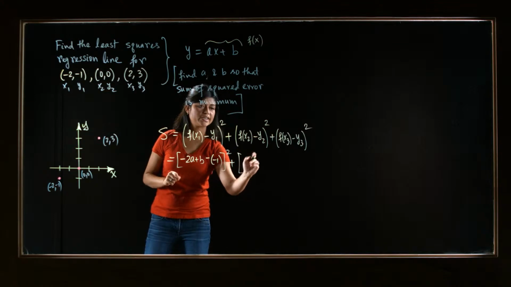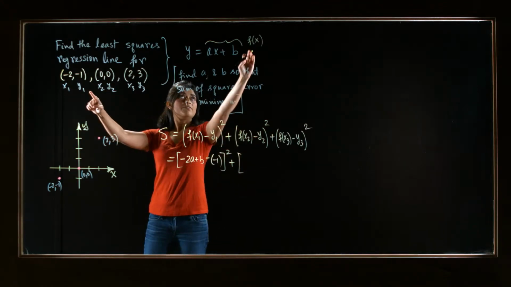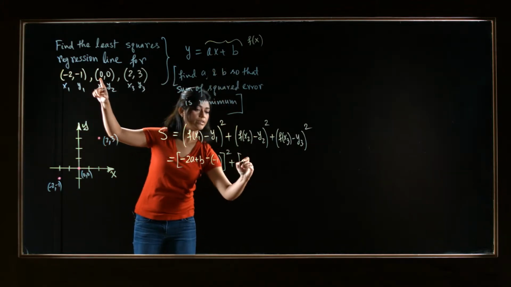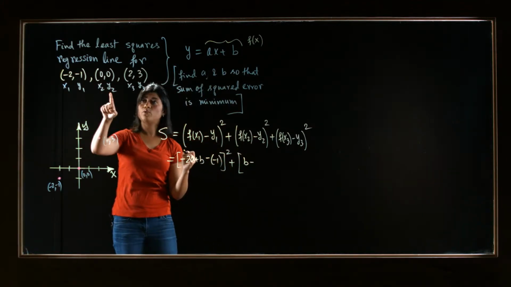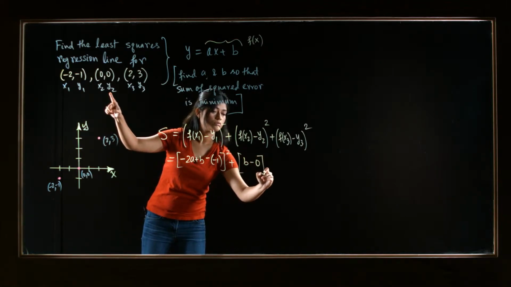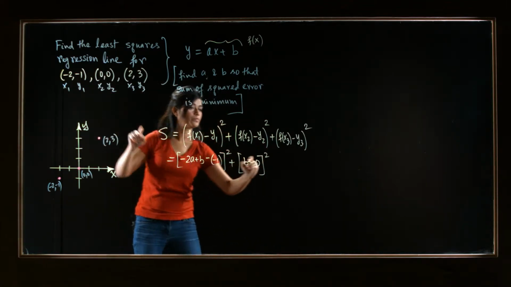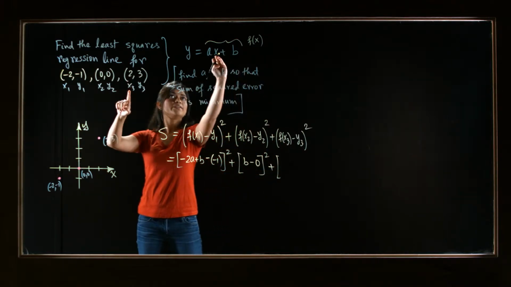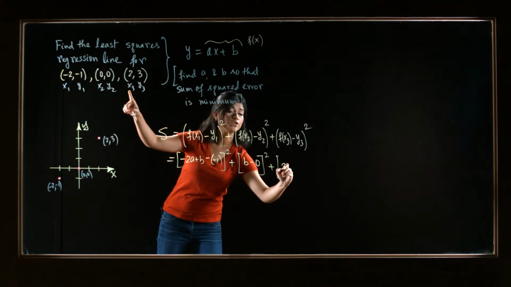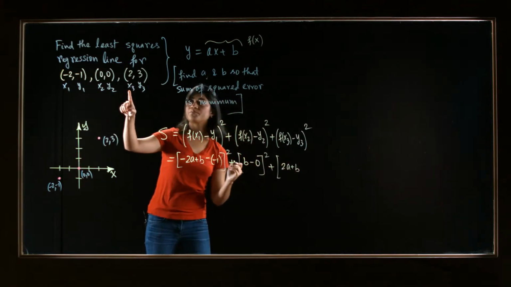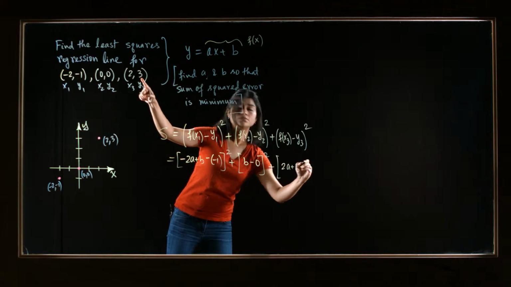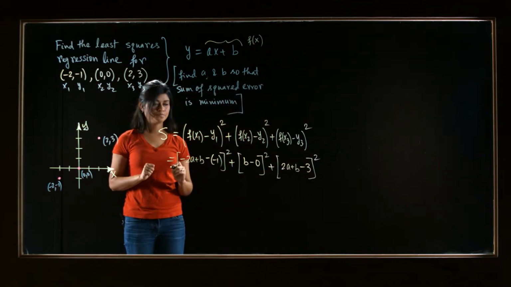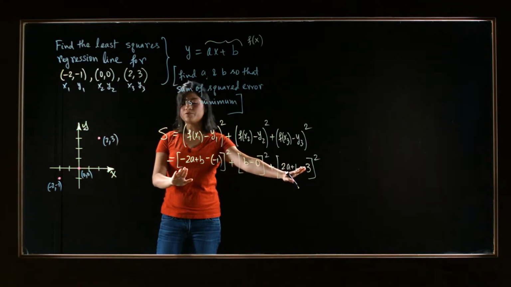Okay, let's compute the second term now. fx is right here, x2 is 0, plug that in, so you just get b, minus y2 is 0. So that thing squared. And finally, x3 is 2, plug it in the function, so we have 2a plus b, minus y3 is 3. That's squared. Okay, so this is our expression for s.